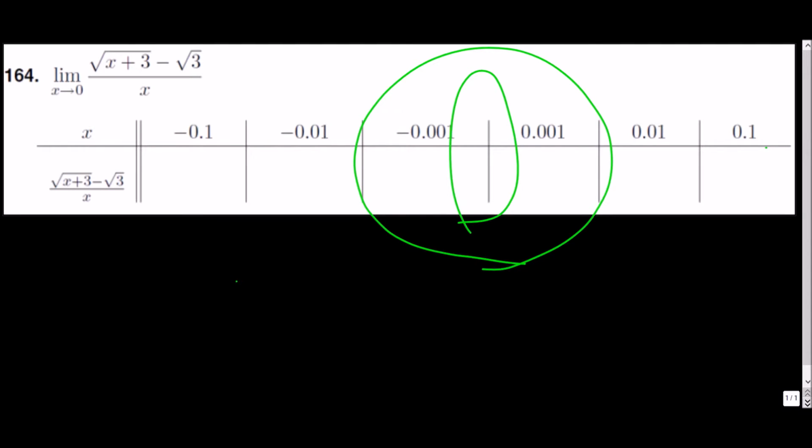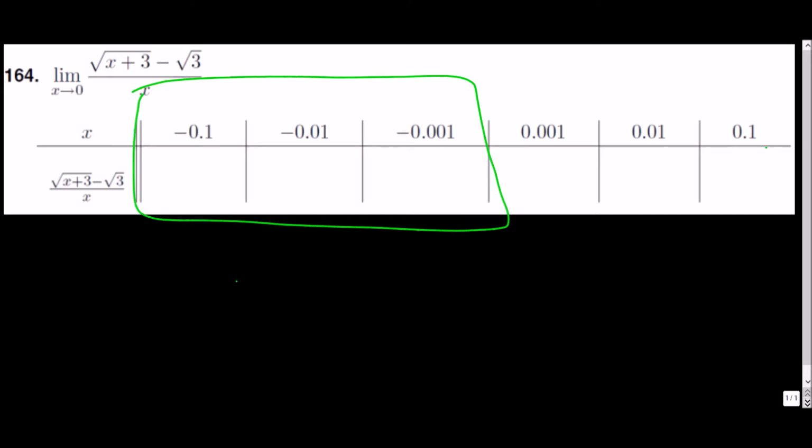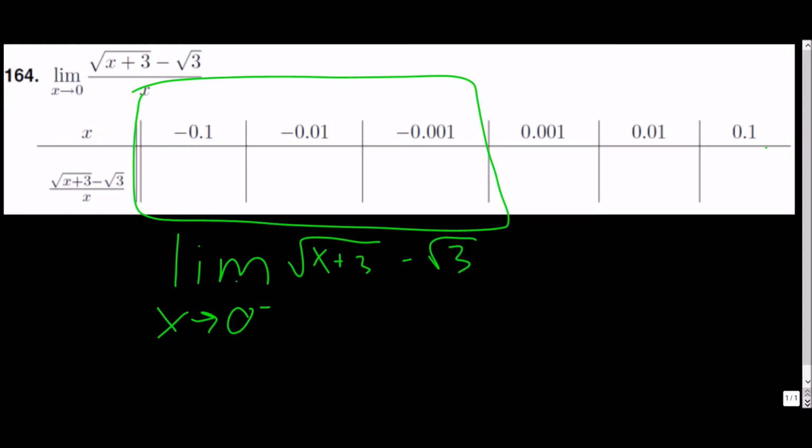So we're kind of squeezing and zooming in. And so what we're trying to see is what value this function is approaching right in the middle. Now, in order for the limit to exist, it's got to approach the same thing from both sides. So what we have here is the limit as x approaches 0 from the left of the square root of x plus 3 minus the square root of 3, over x.